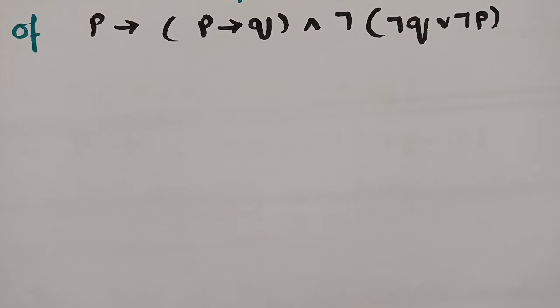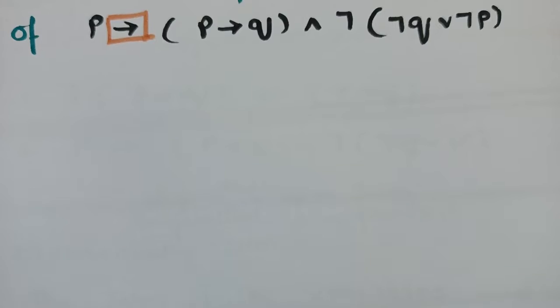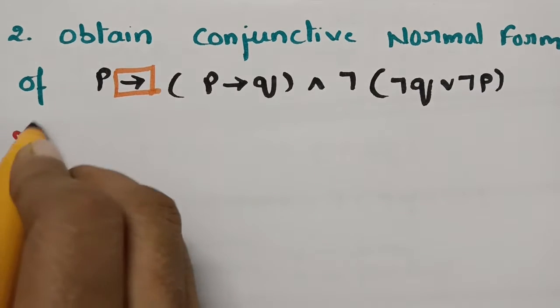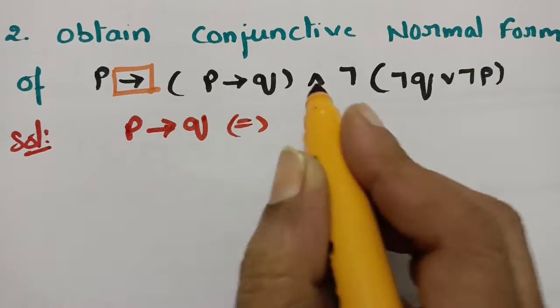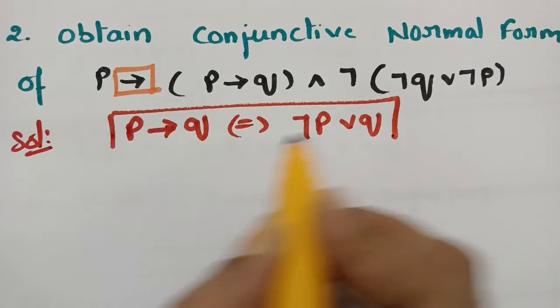As I've said, first of all, we have to eliminate the implication according to our process. The next step, we use De Morgan's law, distributive law, whatever it might be. In the solution, I'm going to use P implies Q. What is the equivalence formula? This is negation P or Q. This is the most important formula.